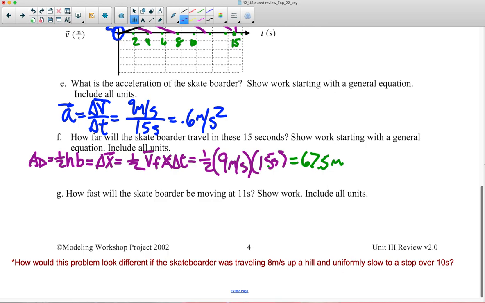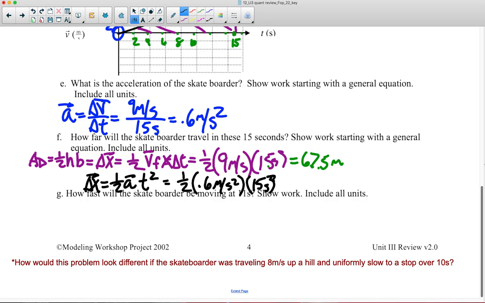meters. The other way you could have solved this, and it would have been equally correct, is you could do change of position equals 1/2 the acceleration times the time squared plus the starting position, but our starting position is 0. And if you plug that in, you get 1/2 times the acceleration, 0.6 meters per second squared, times our clock reading squared, which is 15 seconds.